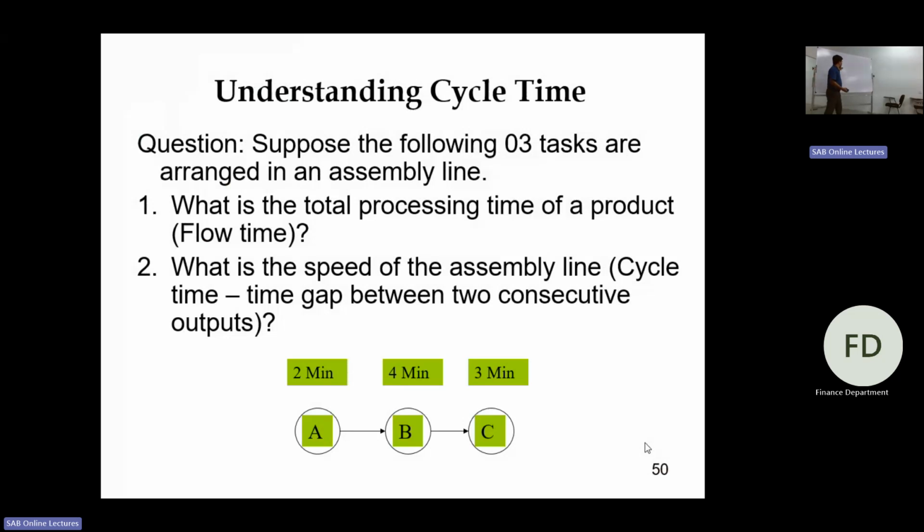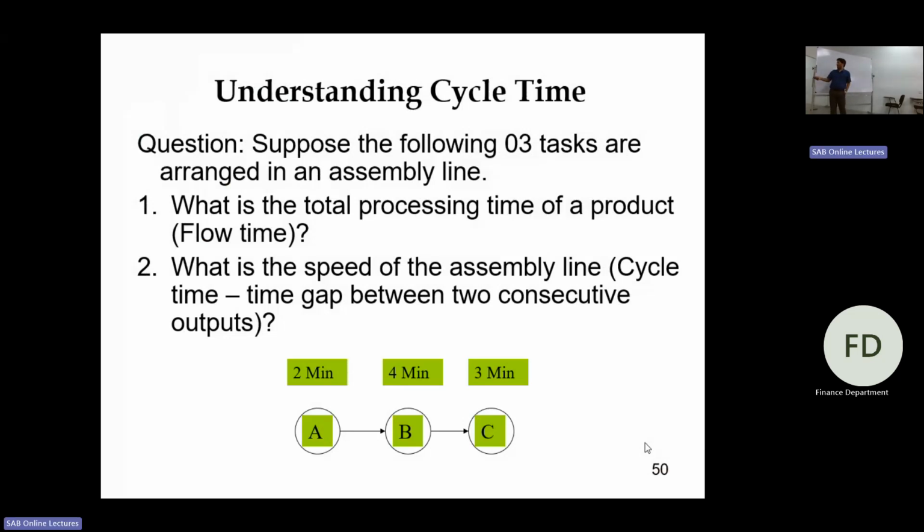Now in an assembly line, the speed of the process depends on what? Cycle time, right? What do we mean by cycle time here? When there are different workstations, the workstation that takes the longest time to complete its work, it could be this one or the other one, the longest time determines the speed of the process.